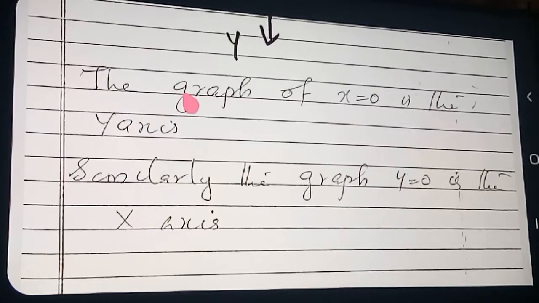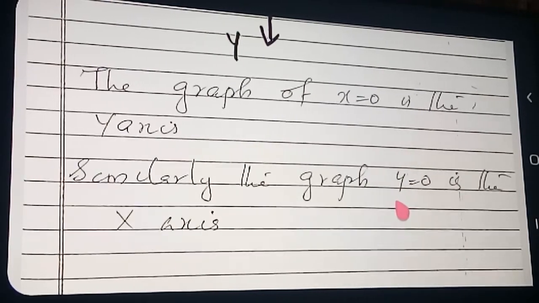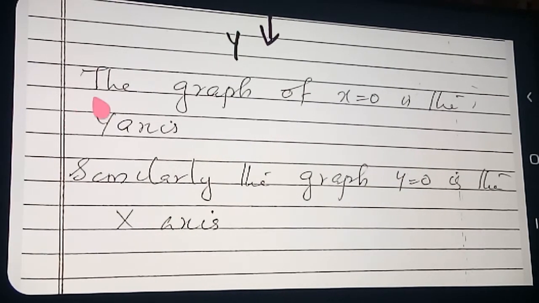Then y equal to a, the x term is absent. Here only the x term is there, x is equal to 0, y and constant are not there. Here also y equal to 0, the y term is there, x and constant are not there. Therefore the graph of x is equal to 0 is always the y-axis, and the graph of y equal to 0 is always the x-axis.